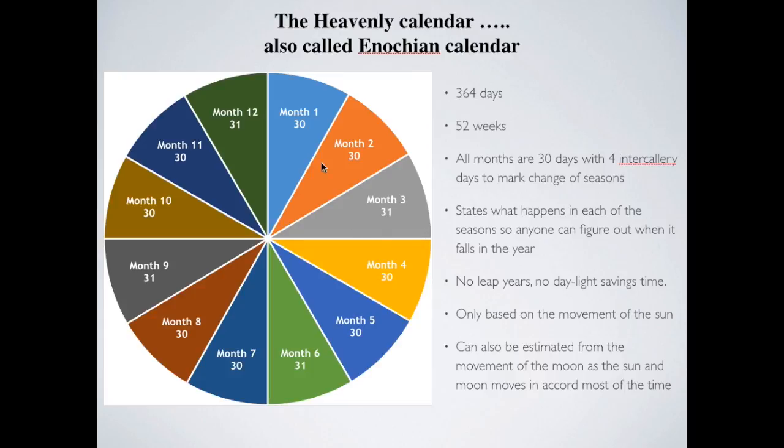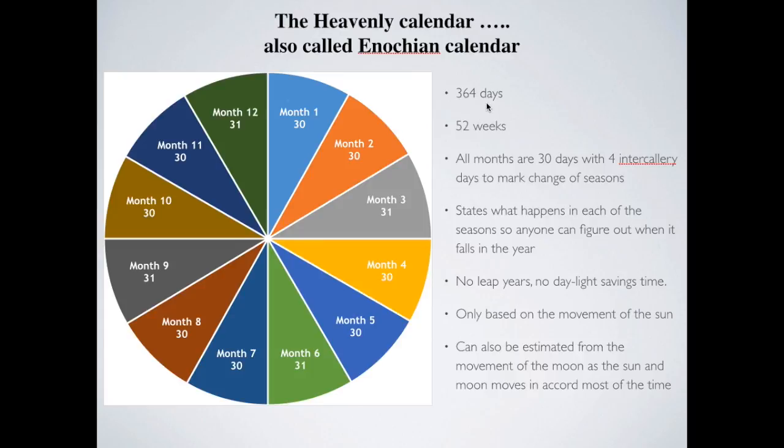From here, you have the spring, then the summer, the autumn, and then the winter season. 1 day in between to mark the change of season. These 4 extra days are called intercalary days, and it is explained in the book of Enoch as well.